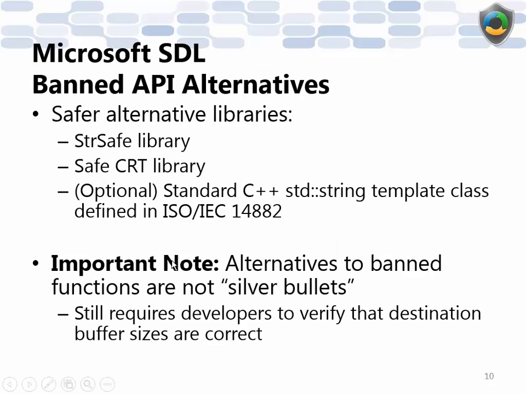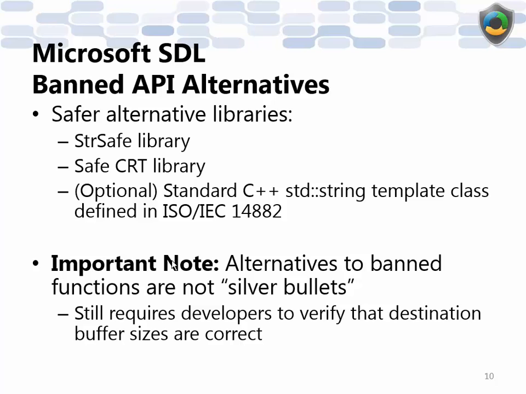All right, so what are the alternatives? Well, some have already been mentioned to you, the StrSafe library and the SafeCRT library, okay? Though it's not required by the Microsoft SDL, if you're developing an app in C++, the std::string template class can also be used to provide a safer replacement.